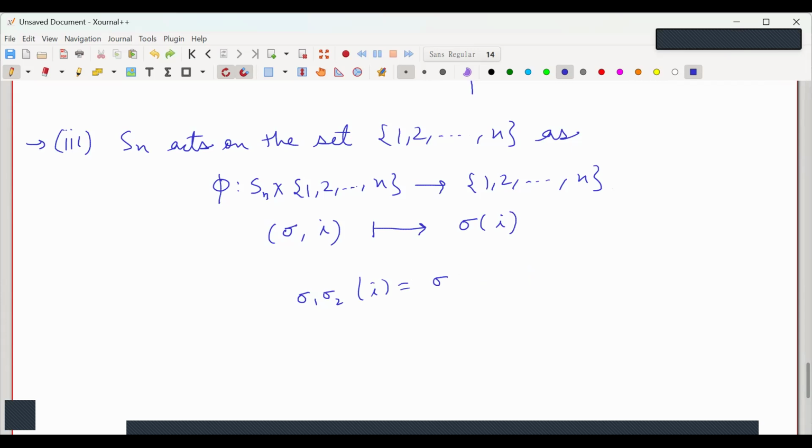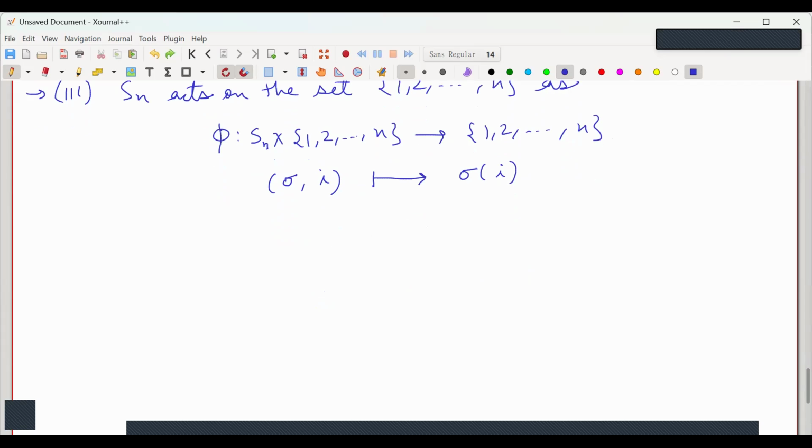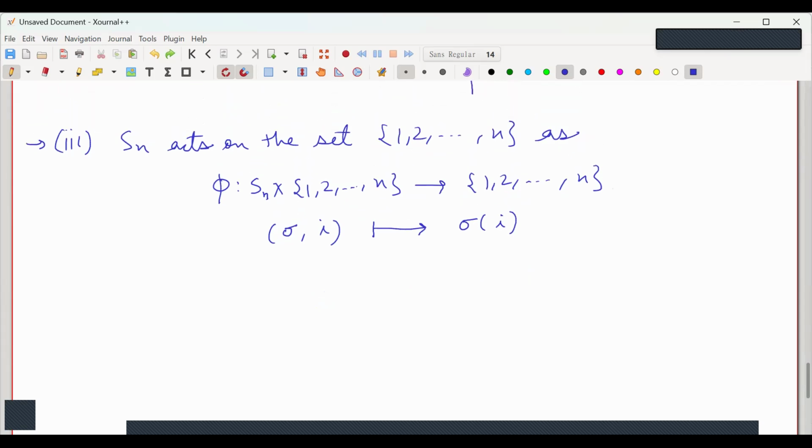Now, for n equal to 3 itself, the result doesn't follow.